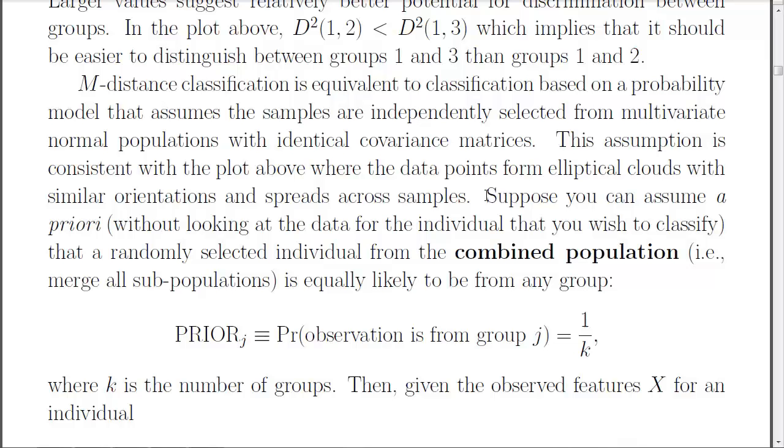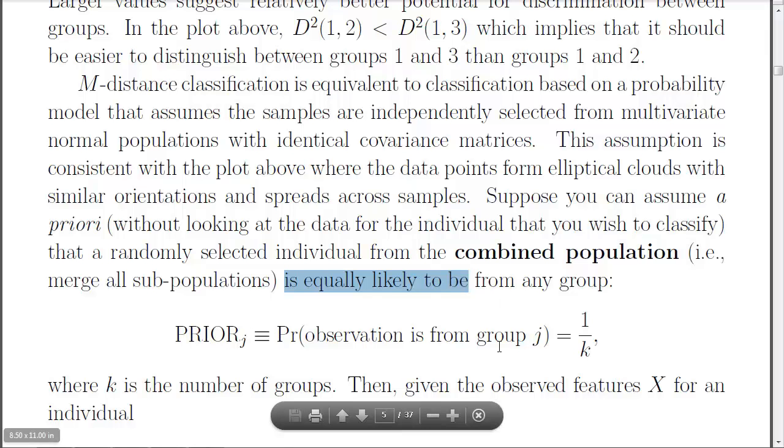All right. Suppose you can assume a priori, so that's before you've seen the data, that a randomly selected individual from the combined population, meaning imagine you're a fisher and you're out looking at irises and you see a new iris and you're just assigning it as you know it's an iris, but you don't know what the subspecies is. So that new observation is equally likely to be from any group.